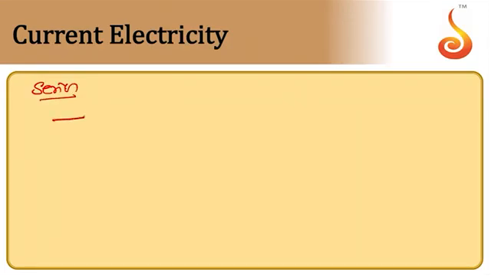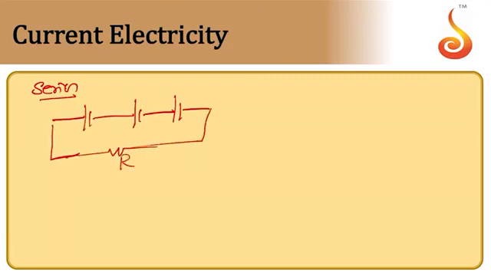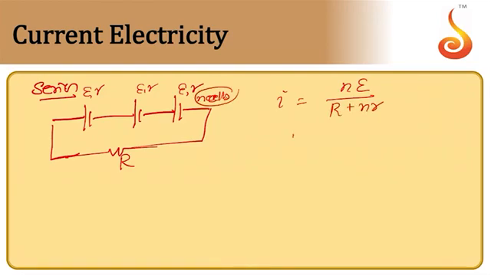Suppose we consider a couple of cells connected in series like this and assume that there is an external resistor R. This is E, R, E, R, E, R, etc. Then the current in the circuit is, let's assume that there are N such cells, NE divided by R plus N into R. Now if NR is very small compared to R, then the current becomes NE divided by R.